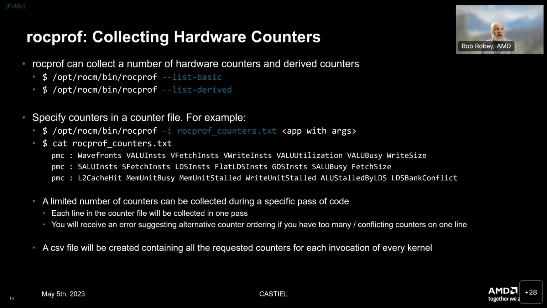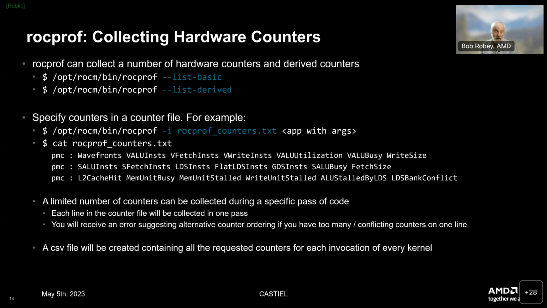The first thing you want to understand is whether you're worried about floating point performance or memory performance, and then select the appropriate set of counters to start understanding it. Now, all profilers and hardware, you can only collect a small number of counters with one pass of the code. So profilers will do multiple passes to get all the information that you request.